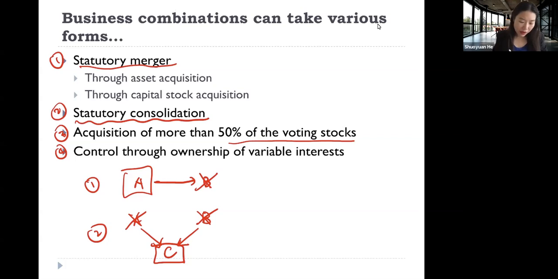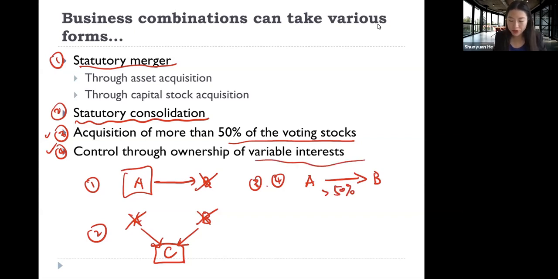And then for 3 and 4, the other 2 kinds, we have firm A and firm B. A acquires B, so either acquires more than 50% of the voting stock of B, or obtains control through variable interest.